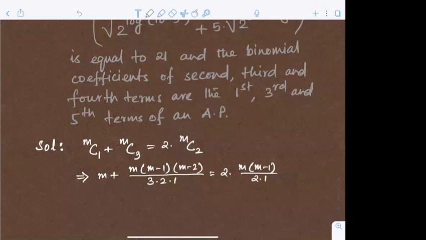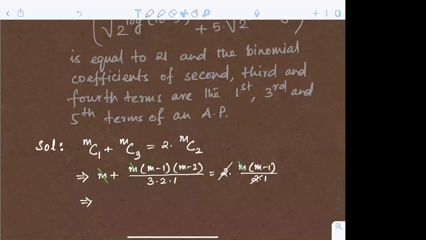So this implies, what do we get? This 2 is cancelled. Here nothing is cancelled. We can cancel this M from both sides. M cancel, M cancel, M cancel. Now we can simplify it.